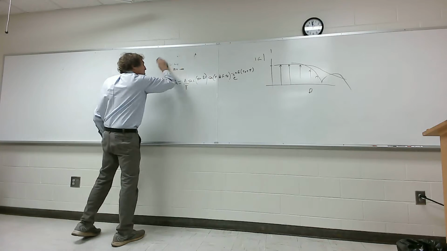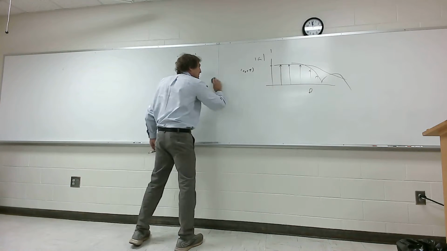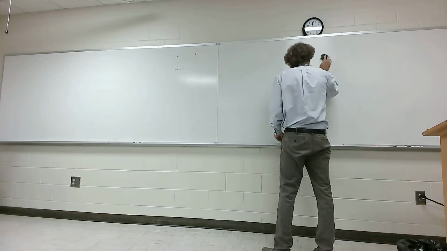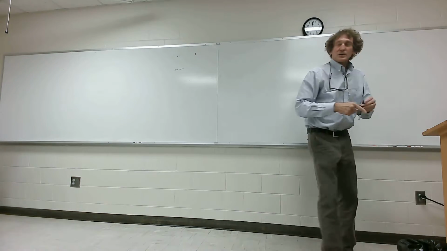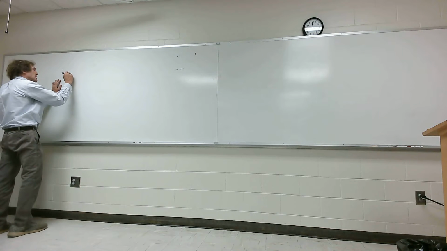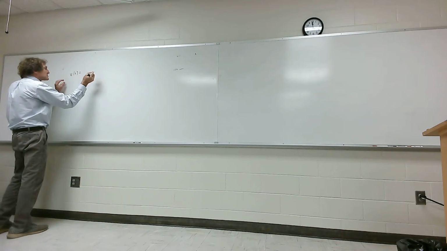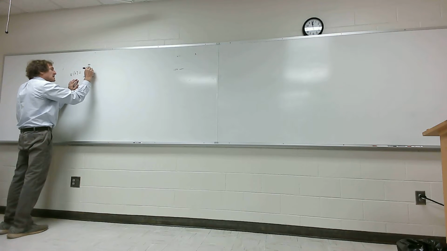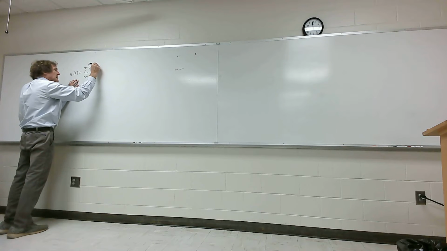So now I'm gonna show you the final form. This is the form you need to understand and know. So here, we saw that V of t was equal to the summation from n equals minus infinity to infinity of C of n e to the j n omega naught t, right?